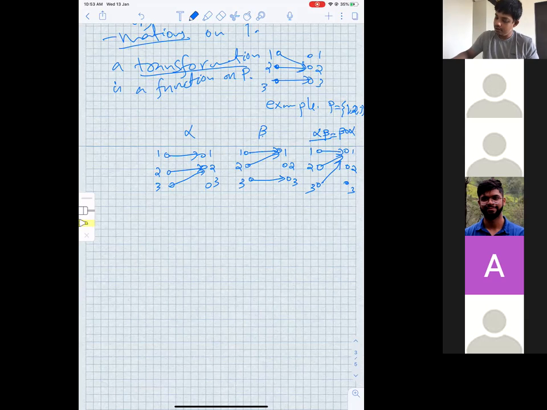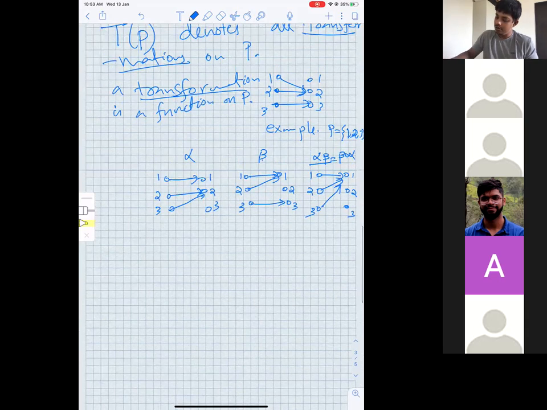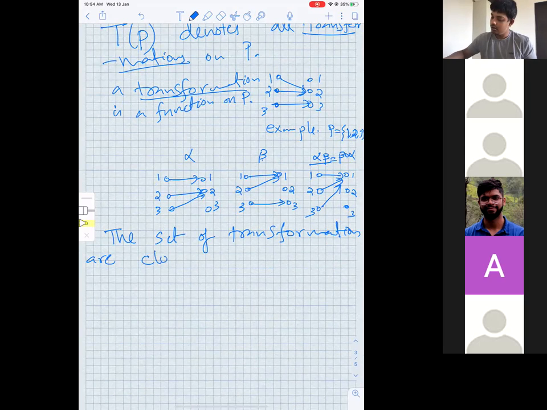So then, that set of transformations are closed under function composition.